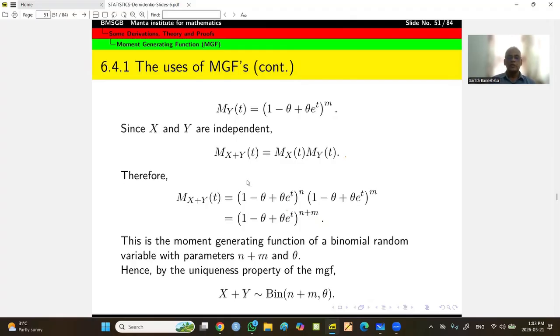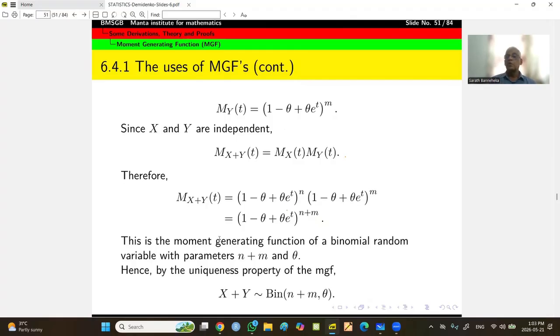As far as the function of t is concerned, this part is exactly like this. The only difference is that instead of n, you have n + m. So this is like the moment generating function of a binomial distribution. When you have n here, you get the moment generating function of a binomial distribution with n and θ.